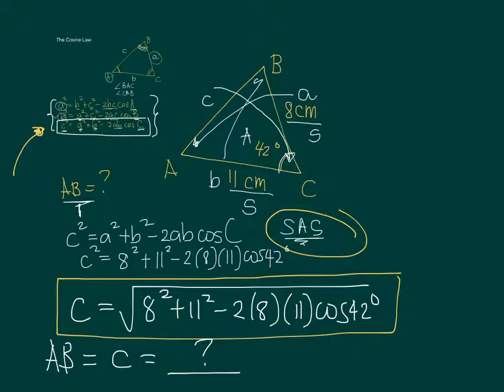Okay, so for the other videos, I'll be showing you how to use the cosine law without even referring to the three equations. Because actually, the A, B, and C can be placed in any part of the triangle.